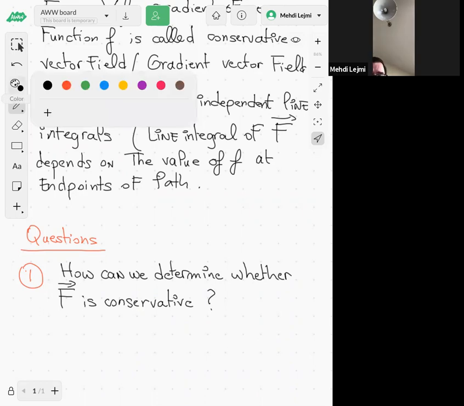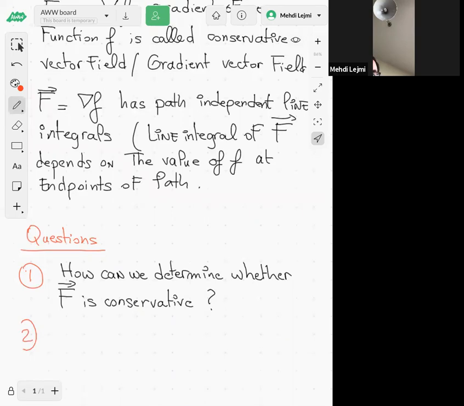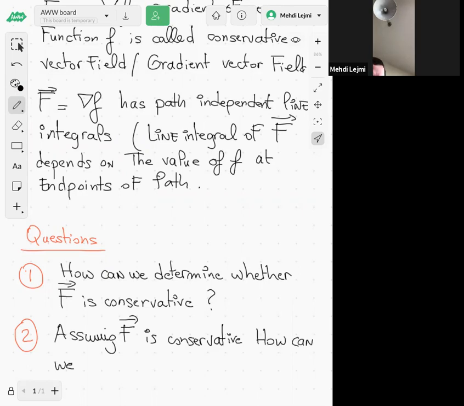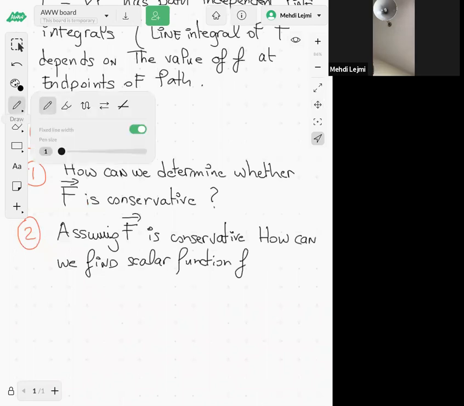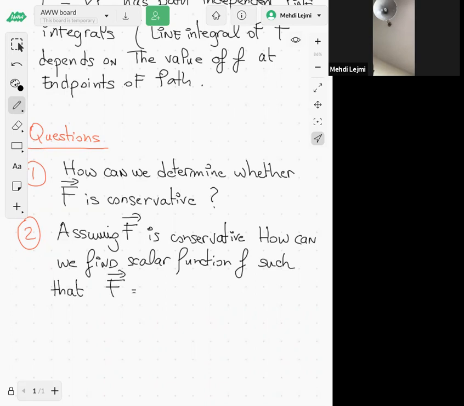And the second question was, assuming that the vector field F is conservative, how can we find the potential function f, the scalar function f, such that the vector field F equals the gradient of f?